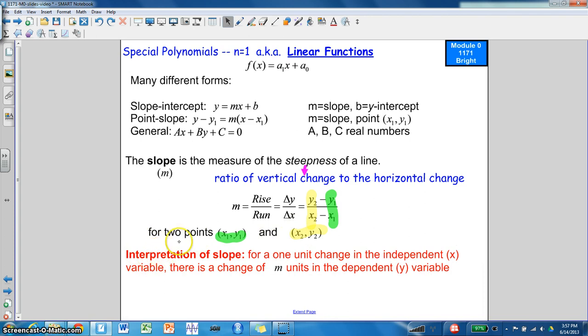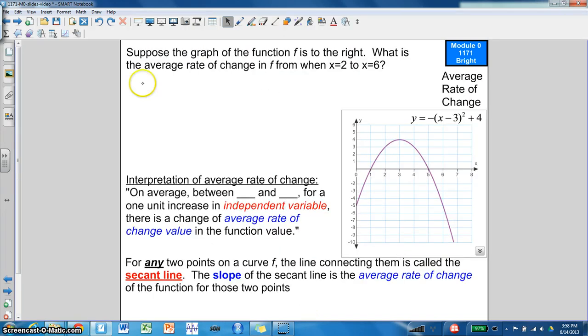To interpret this, we always want to be able to verbalize in mathematics what we're doing, and we say that for 1 unit increase in the independent variable, there's a change of m units in the dependent variable, the y variable.